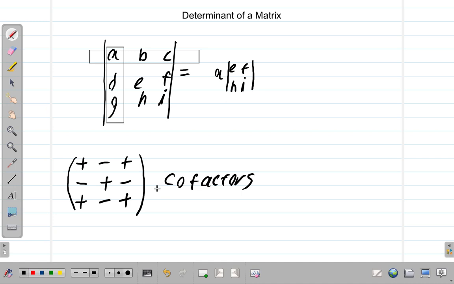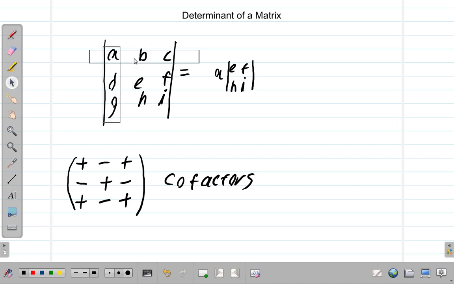That will give the sign of the numbers that you're going to be using. Now, a is in the upper left, so it's associated with a plus. The next thing we do, we can go across and cover up b.